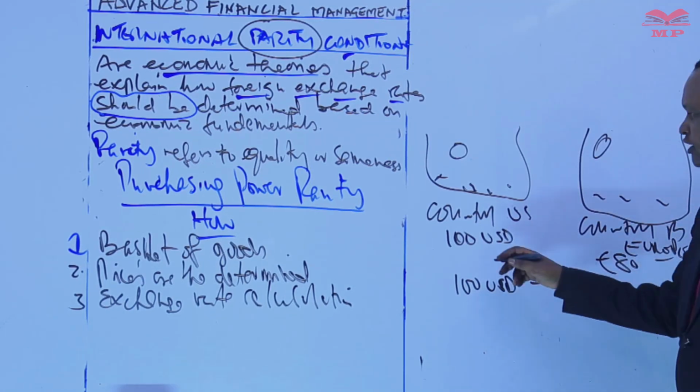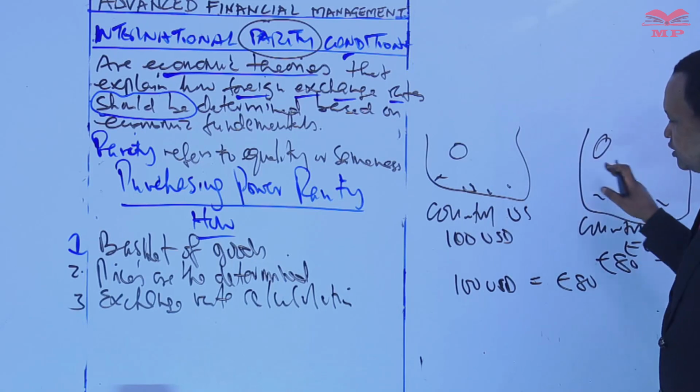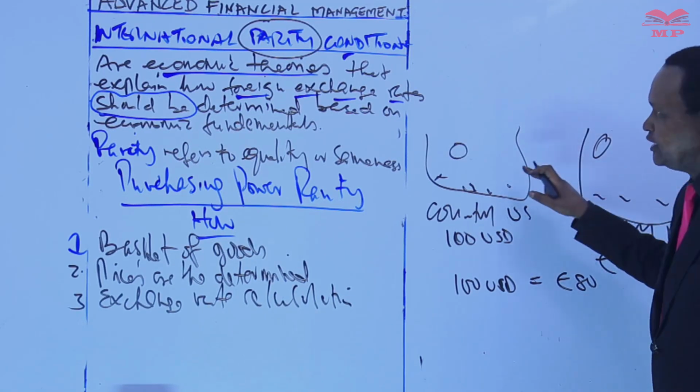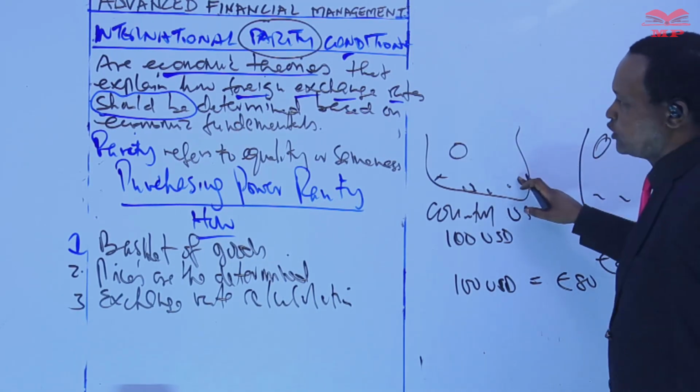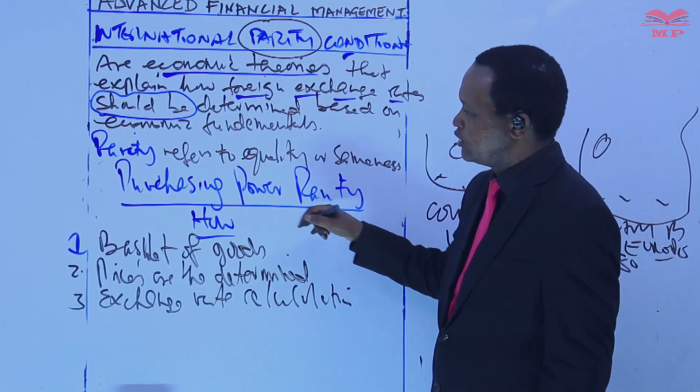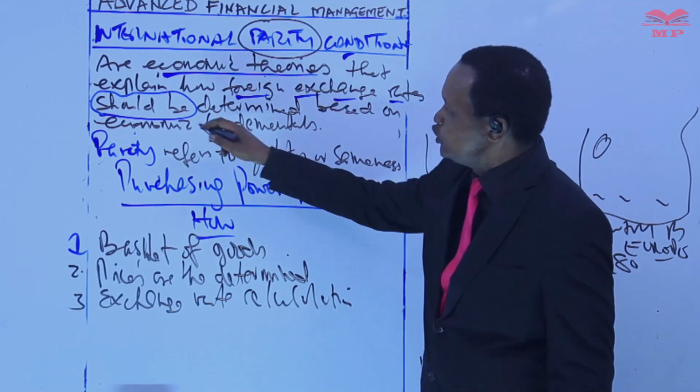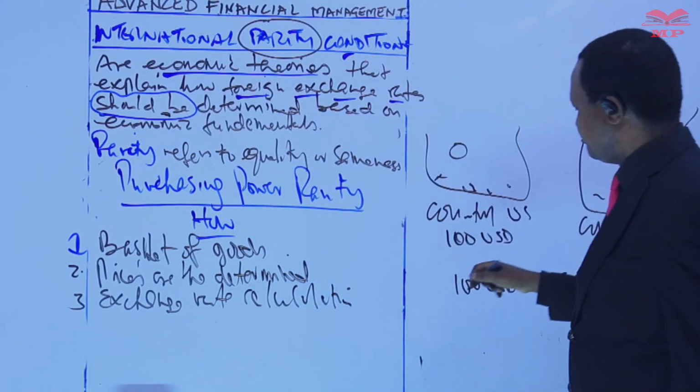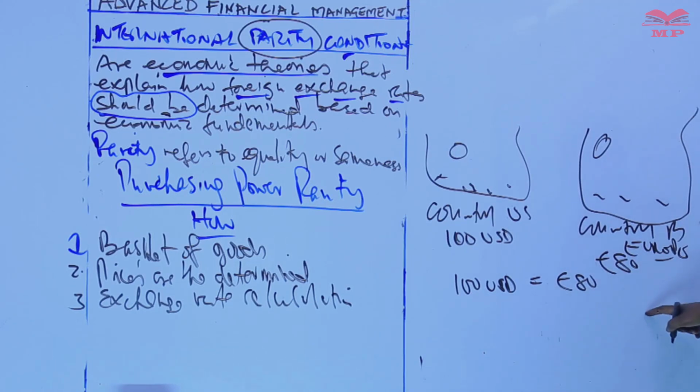So the exchange rate of these two countries should, according to the PPP, the purchasing power parity, be based on this ratio. 100 USD is equivalent to 80 euros. Do you understand, candidates?